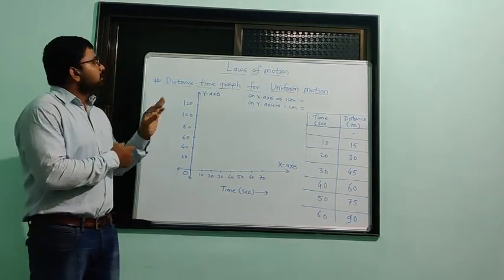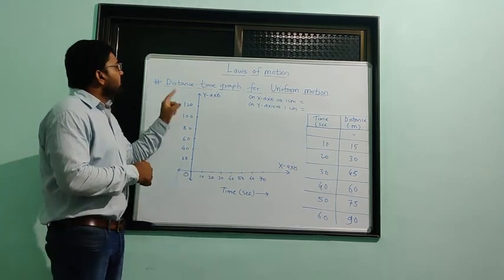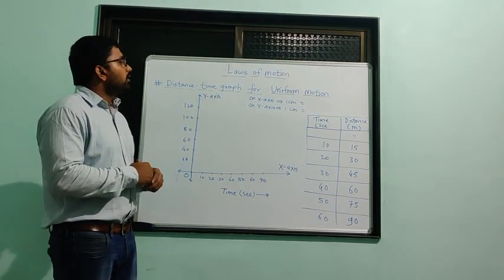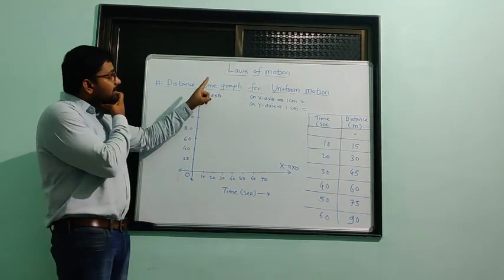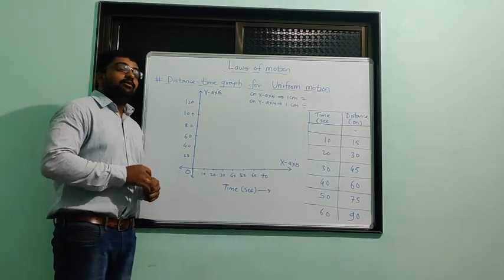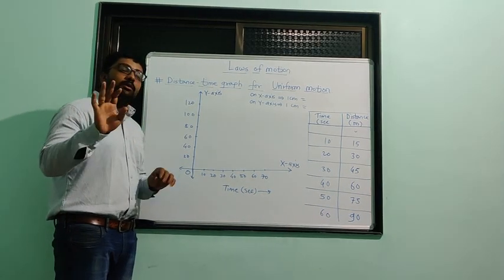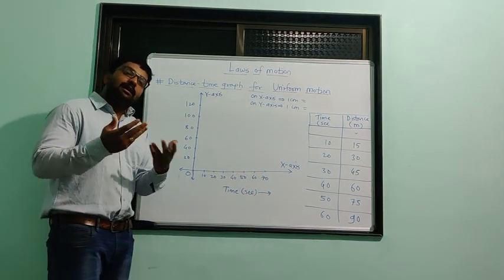Now, in today's lecture we have to see the distance time graph for uniform motion. What? Distance time graph. I think all of you students know about graphs.